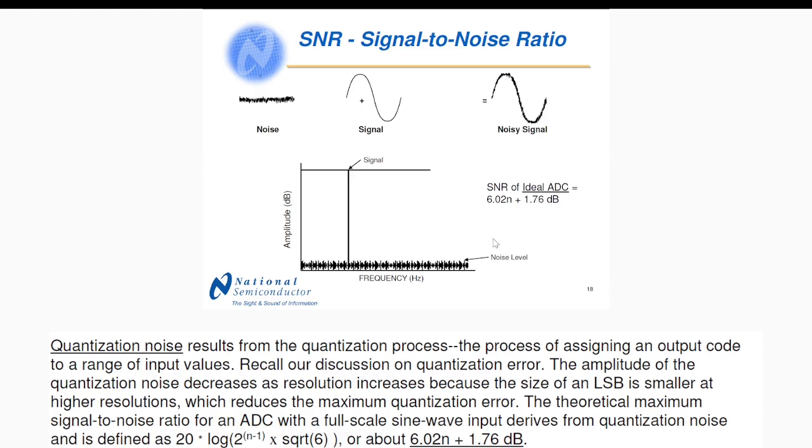Okay. So the important point here is the SNR of an ideal ADC is 6.02 N plus 1.76 dB. To understand that, let's see here, the theoretical maximum SNR for an ADC with a full scale sine wave input derives from quantization noise and is defined as 20 log of 2 to the power N, where N is the number of bits, minus 1, times the square root of 6.